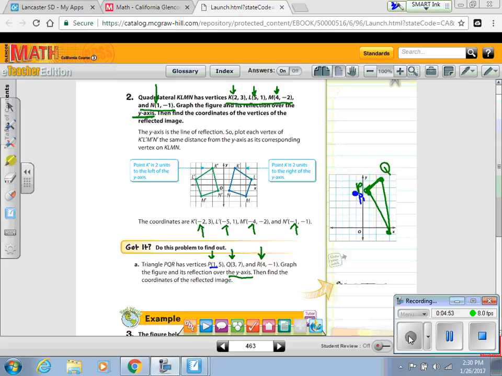And then we have (-3, 7), and that's Q prime. And we have (-4, -1). And that is R prime. And we have our reflection over the y-axis by multiplying the x coordinates by -1.